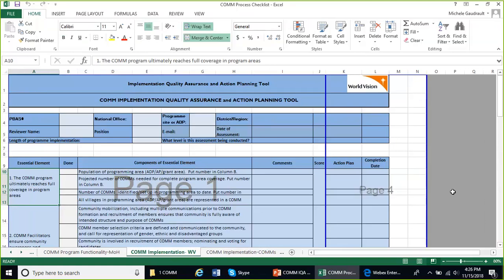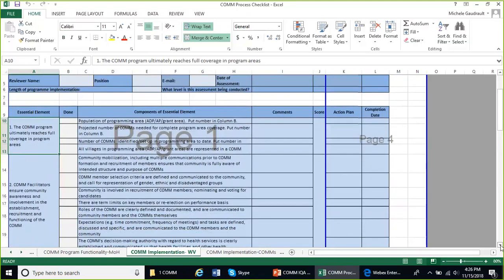So whereas the first two tabs are once-off national level, this tab is used for as many ADPs as you have, and really as often as is needed to track your program quality at area program level. So this is an ongoing one, whereas the other two tabs were really meant to be once-off.